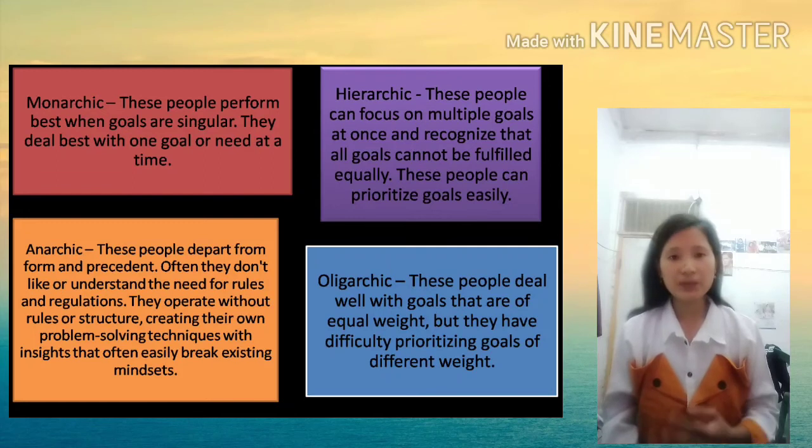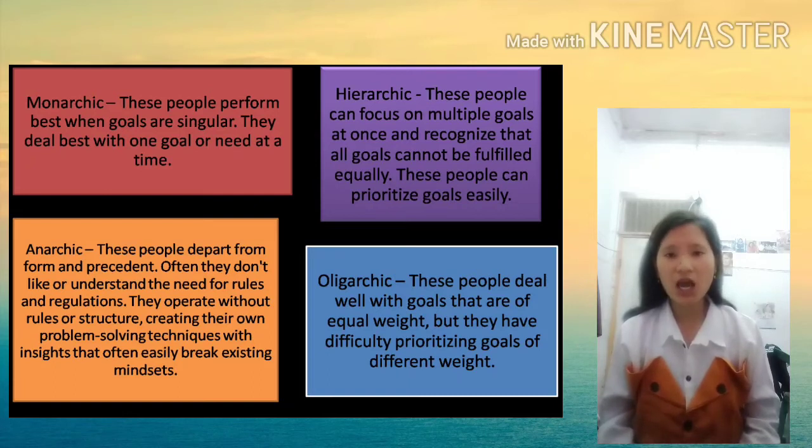Hierarchic: these people can focus on multiple goals at once and recognize that all goals cannot be fulfilled equally. Oligarchic: these people deal well with goals that are of equal weight, but they have difficulty prioritizing goals of different weight.